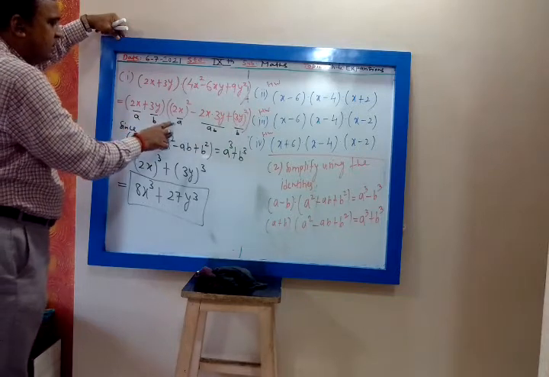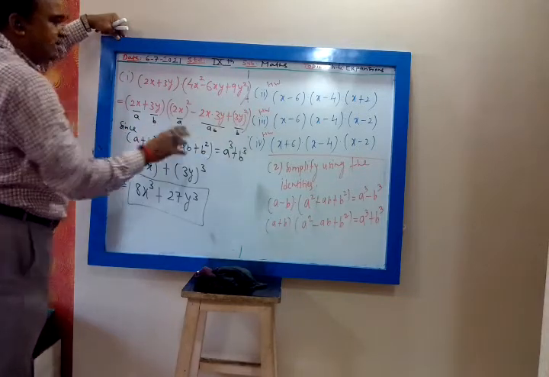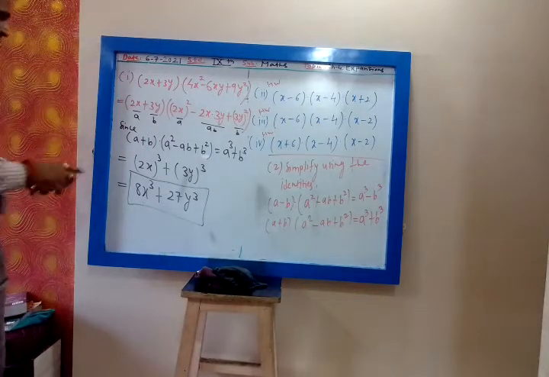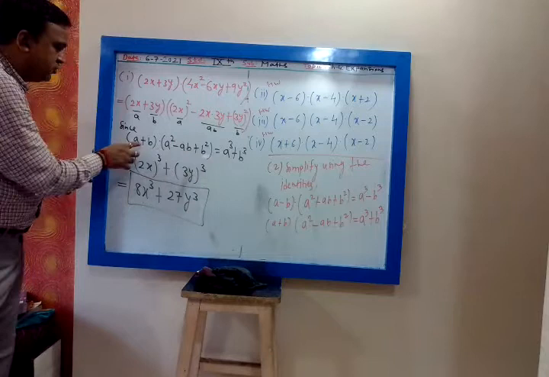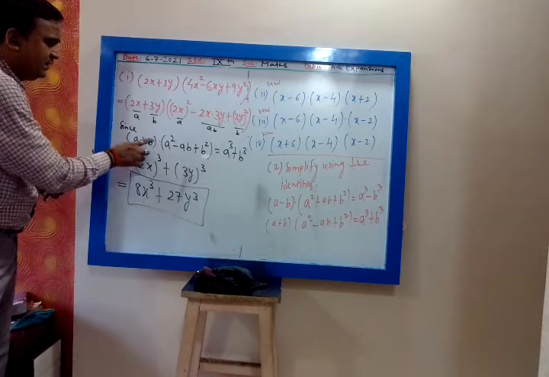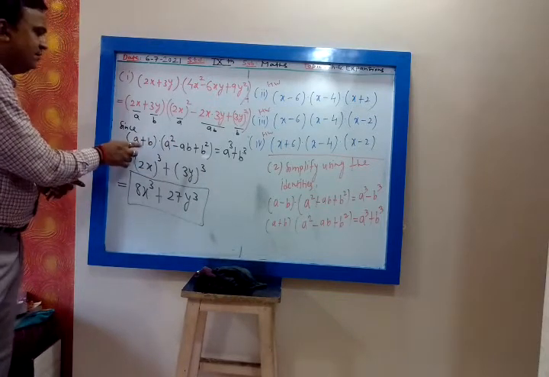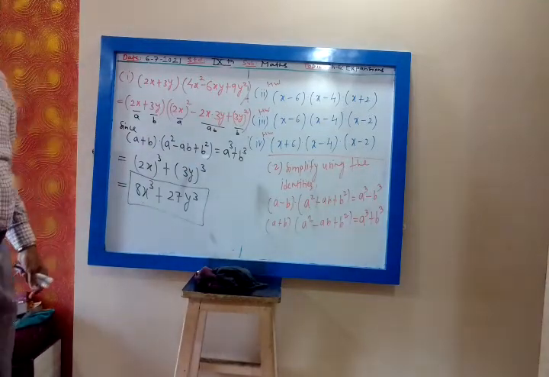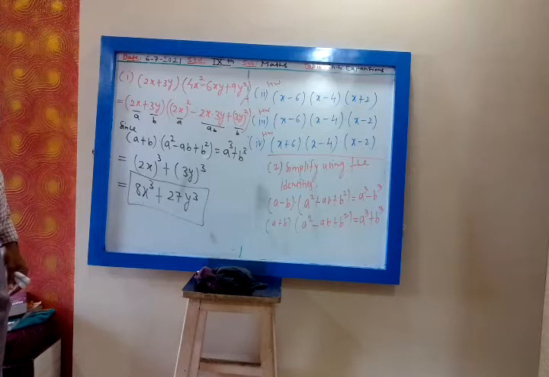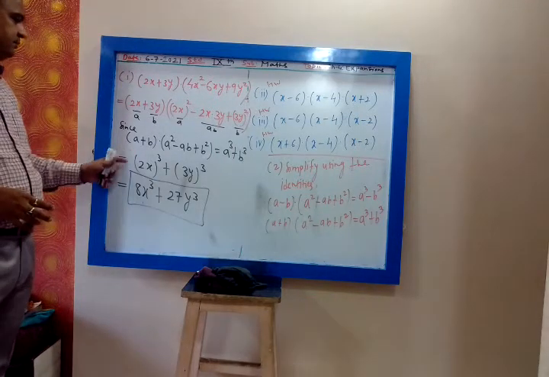See the formula which I gave. a plus b into a square minus ab plus b square is a cube plus b cube, because there it is plus, then there it is minus. So whenever it is plus there, I will take plus b cube. The special product formula is given, a cube plus b cube.